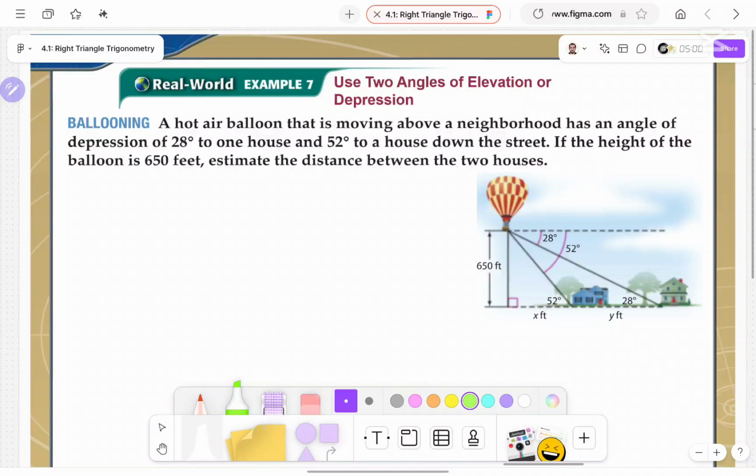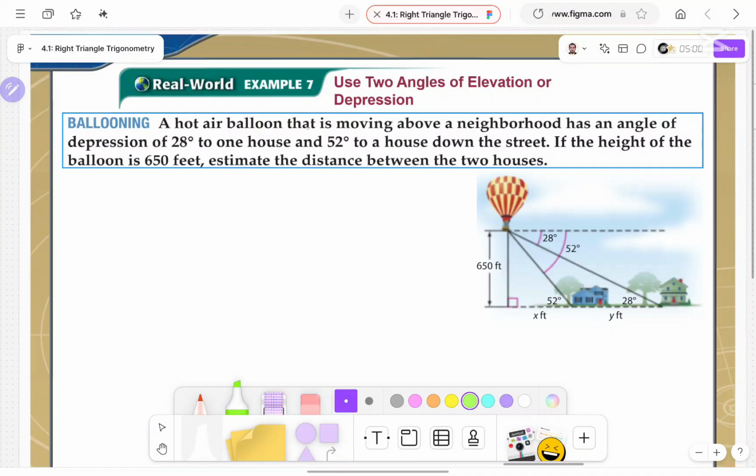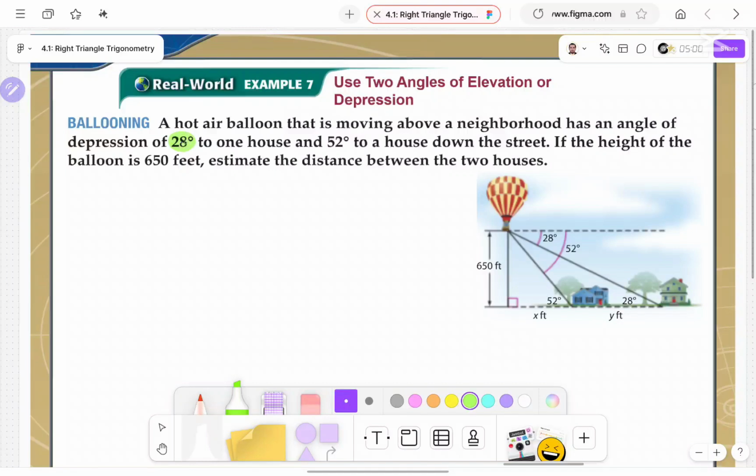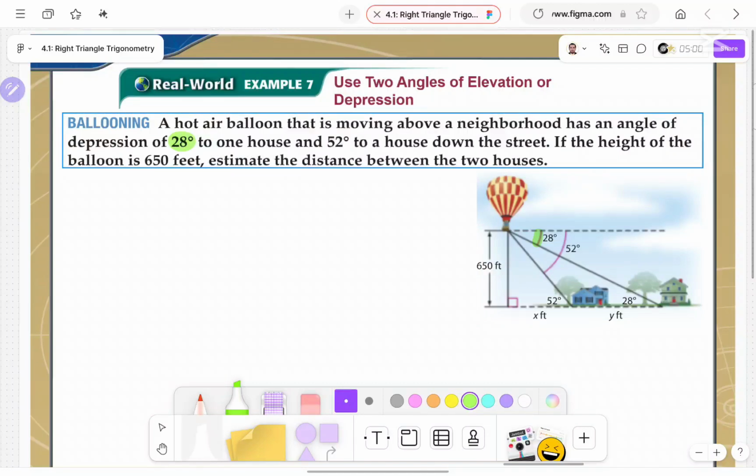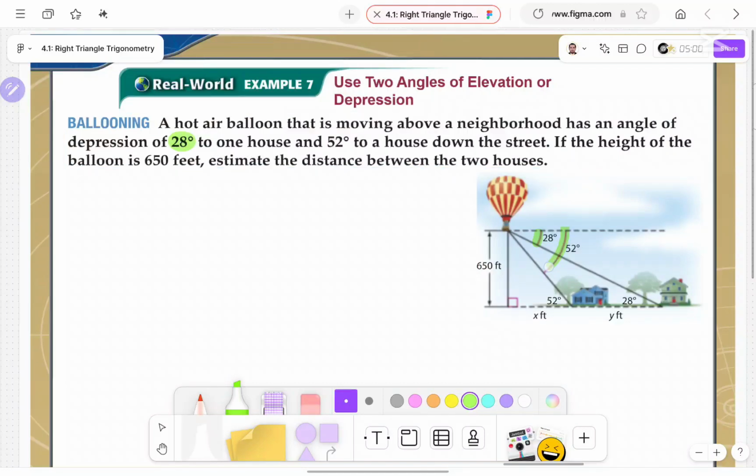If we read the question together, a hot air balloon that is moving above a neighborhood has an angle of depression 28. So now they are looking down, which means they create an angle of 28 to one house, and 52 for the other house.